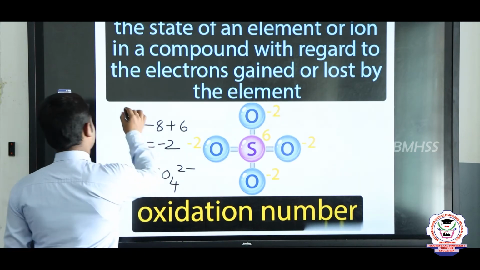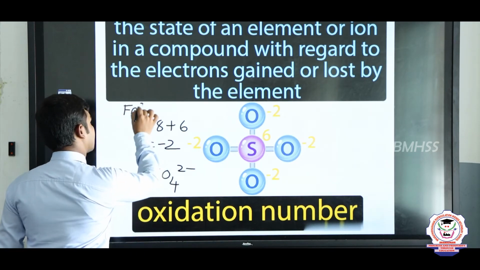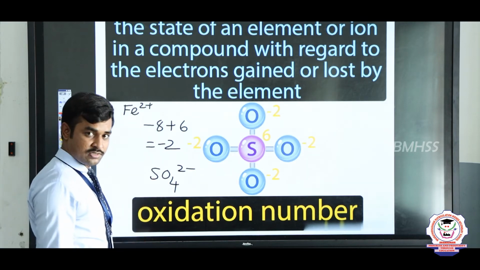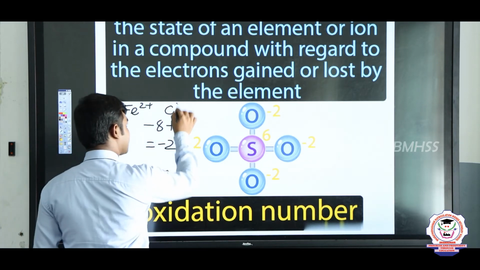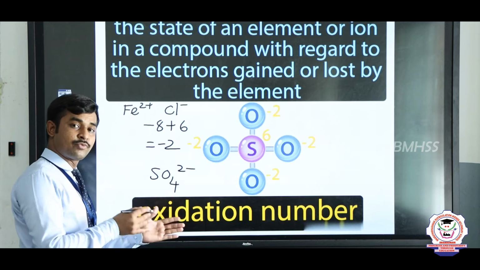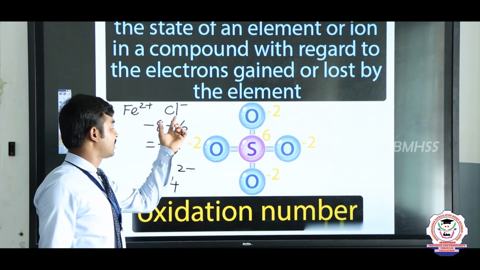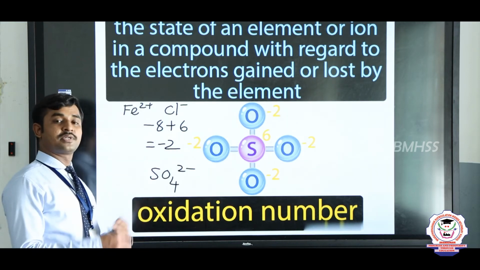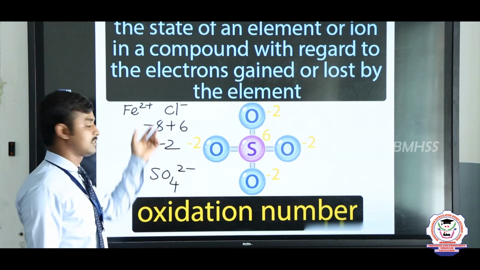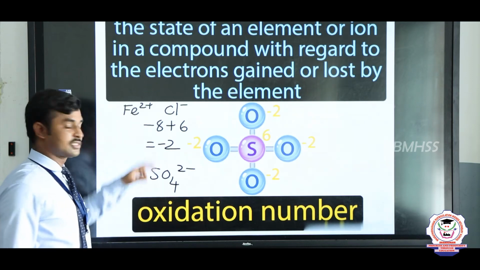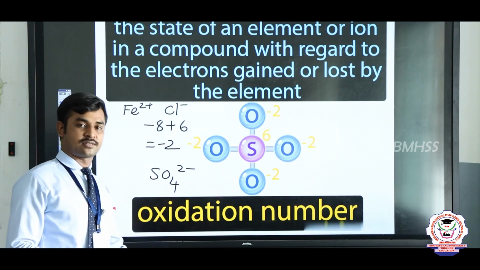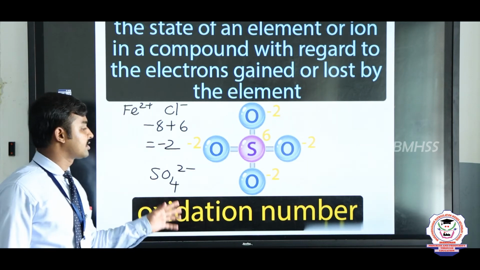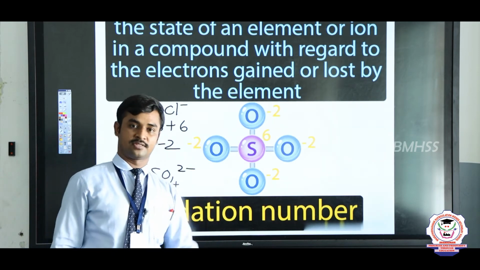Let us see, Fe2+ means iron loses 2 electrons, and Cl- means chlorine accepts 1 electron. So, chlorine after accepting the electron gets a minus charge, and iron after donating electrons gets a plus charge. So, 2+ means iron donates 2 electrons. This is the oxidation number and oxidation state method.